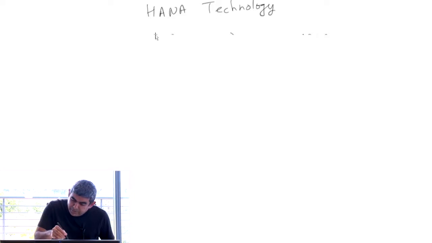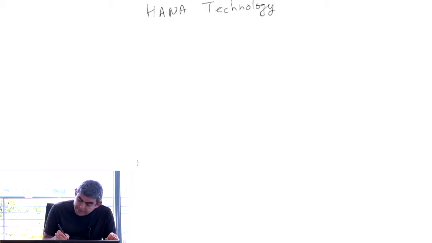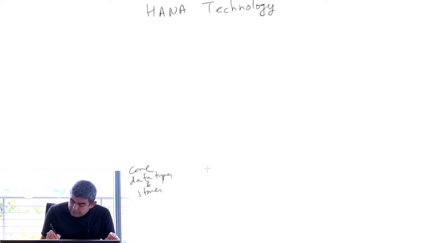So the overall picture, when you think about the power of HANA, looks like this. You basically have the core data types and stores. These are things like integers and text and geographic data and strings.